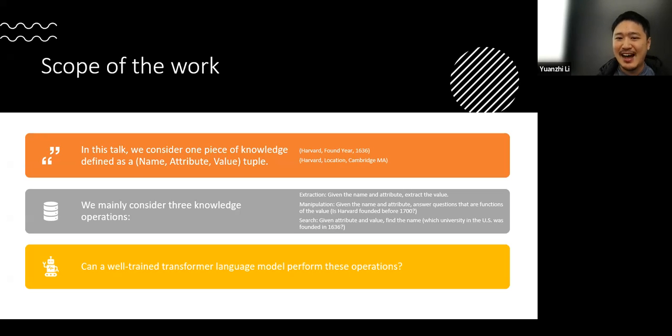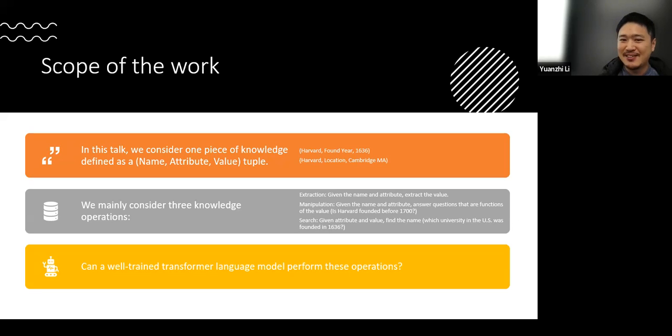This is like asking when was Harvard founded. And then there are also tasks like manipulation. For example, we want to ask, is Harvard founded before 1700? This is some simple manipulation of the knowledge. You have to extract the year that Harvard was founded and do some basic comparison of the value.